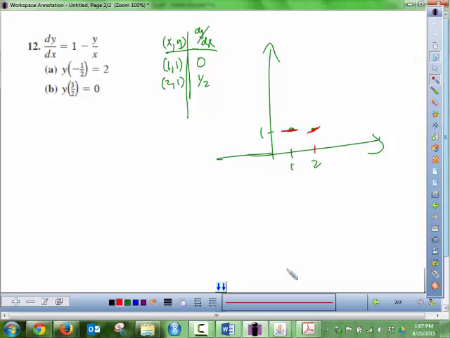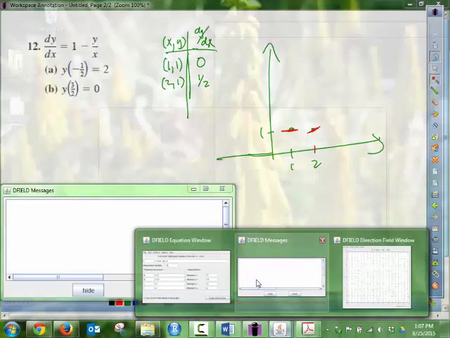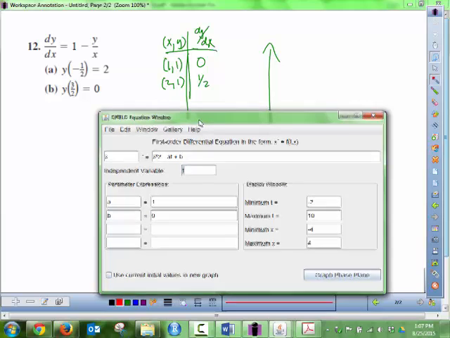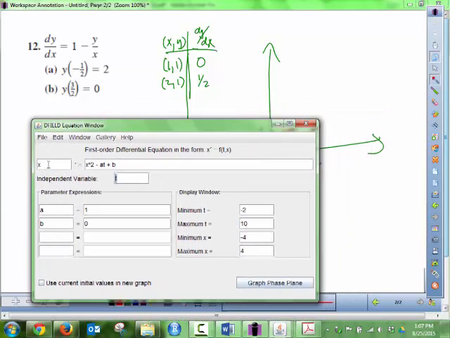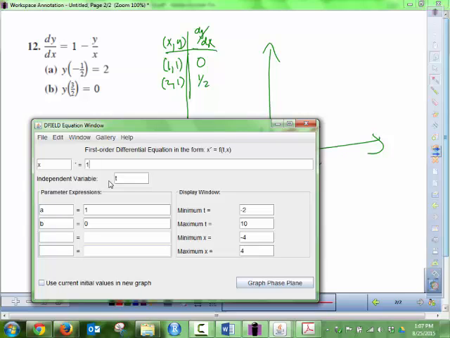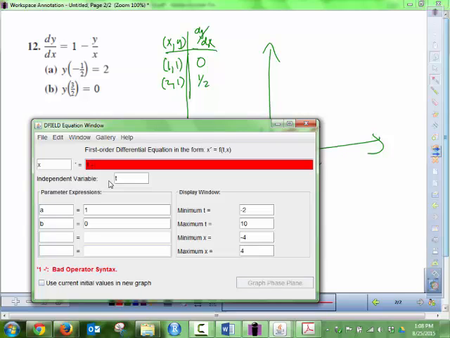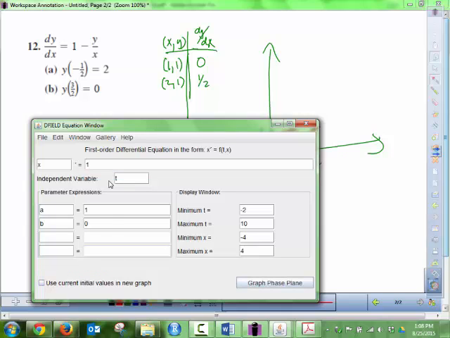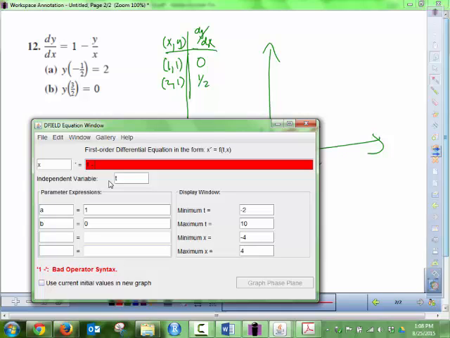But again, I'm more interested in doing this using the plotter here. I don't know if I can change a variable. They have x's and t's, so I think I'm going to keep it as x and t and just translate my equation as dx/dt is equal to 1 minus... I guess I should finish it first.